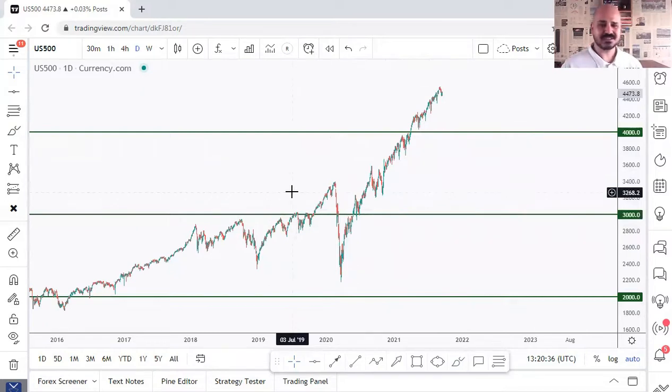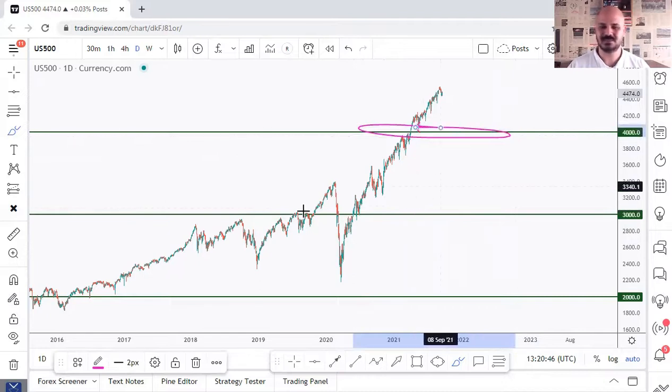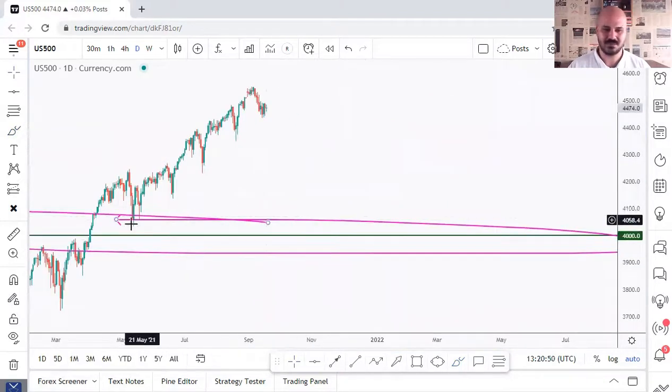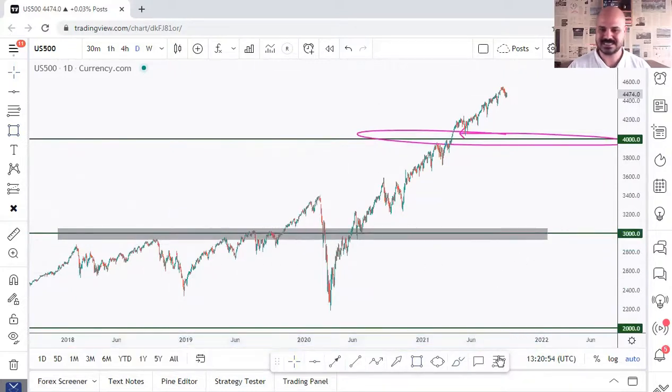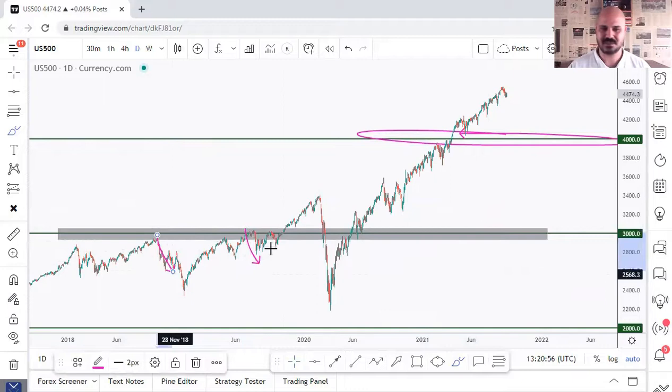So this is what we know so far, just from the daily time frame. These are the strongest round numbers, and as you can see, it's also a zone, not like a laser level. So here's a big zone, and price rejected around the 4K. And for example, here's our 3K. We can see many rejections from it previously.